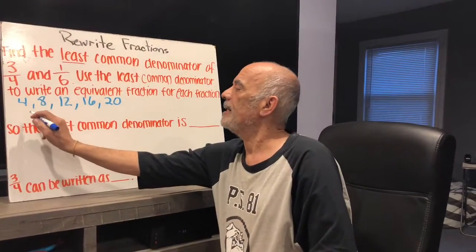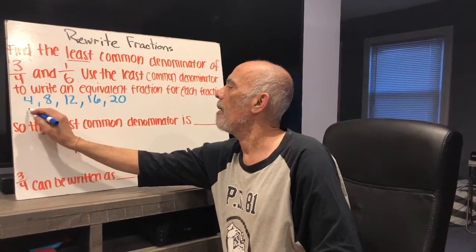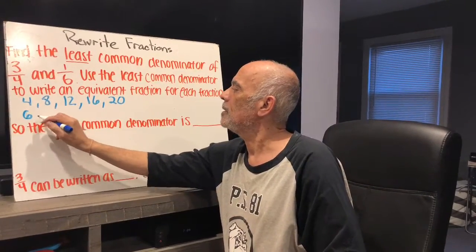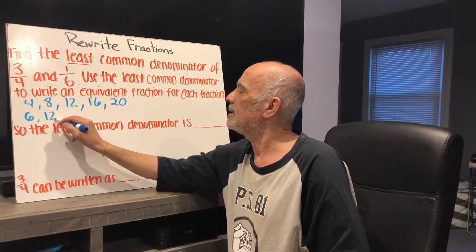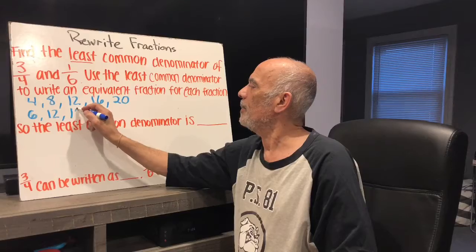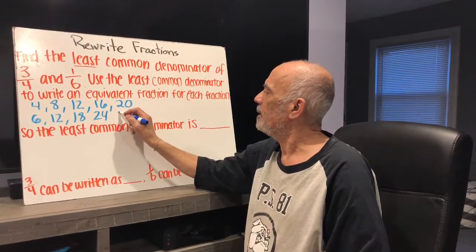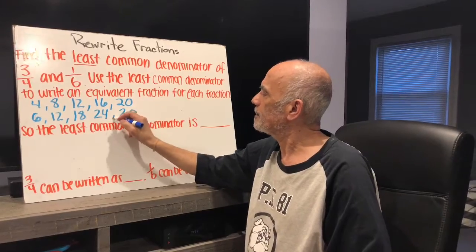Let's do 6. 12. Ooh, I can already see one, but I'll do the next couple. 18, 24, 30.